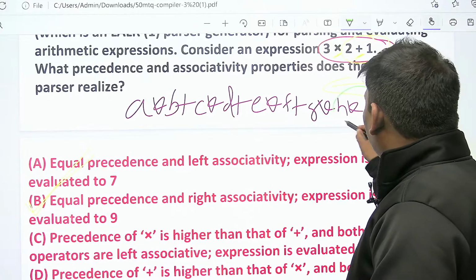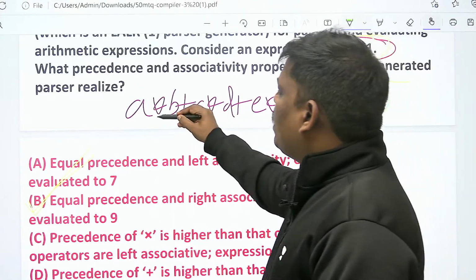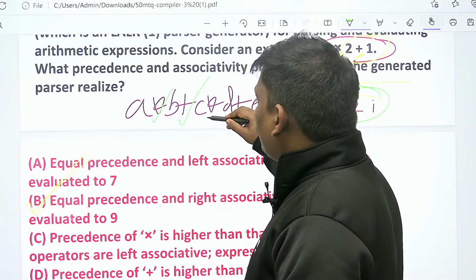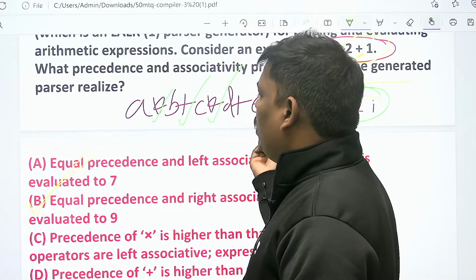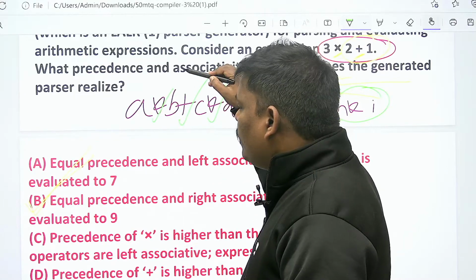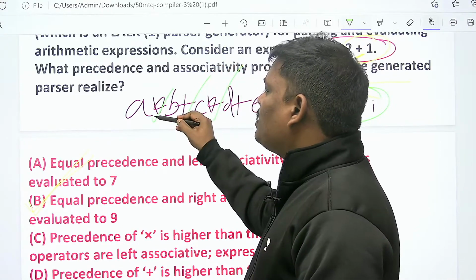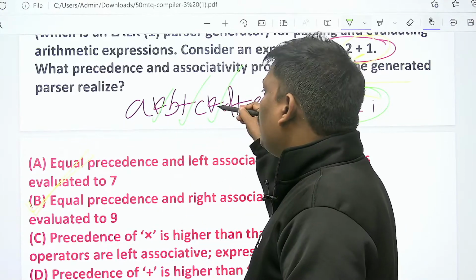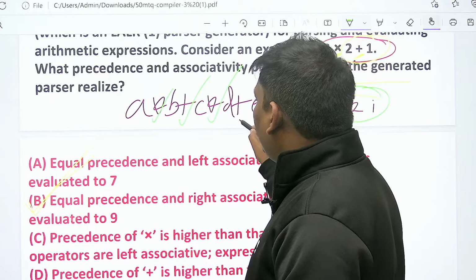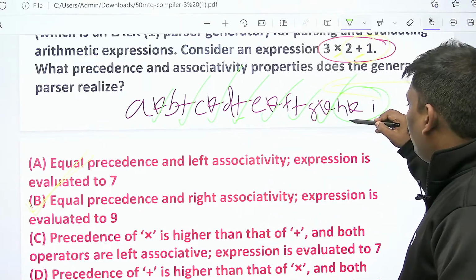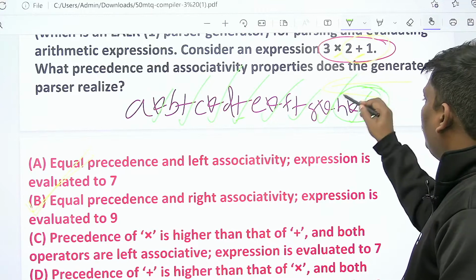See, first star came, on star plus push, on plus star push. That is the meaning of shift reduce. Already star is there, on that plus is coming. I don't know whether I have to push or pop. If I pop, star will be done. If I push, plus will be done. On plus again star, again push. On star again plus, again push. So all push operations will be done. Now at the end of the expression, E will be done first.